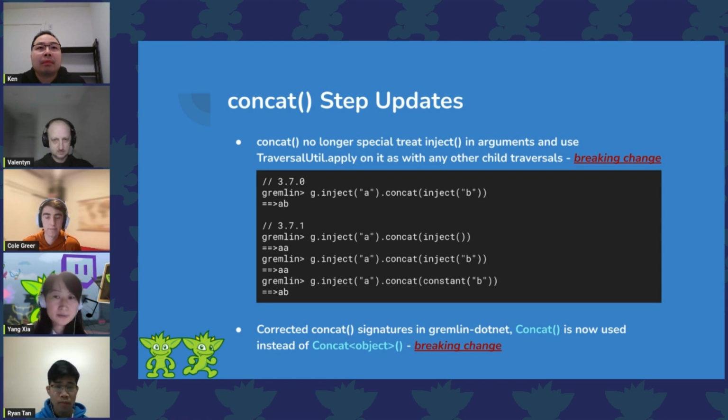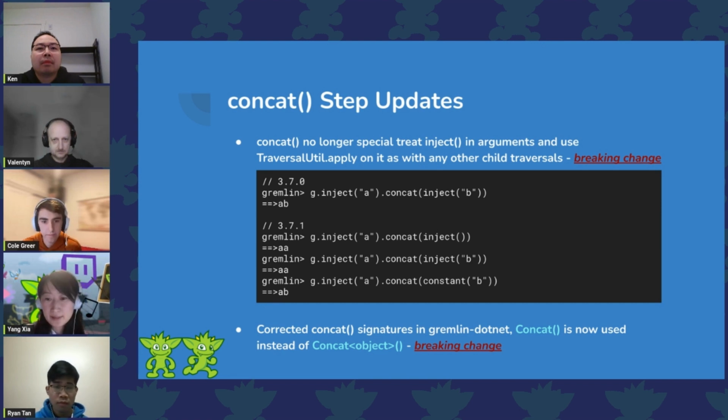The underlying implementation will just treat inject as any other parent step does. So if you want to put a constant in a traversal that will insert a constant inside of concat, just use the constant step. That would be the recommended way and that would work for both versions.